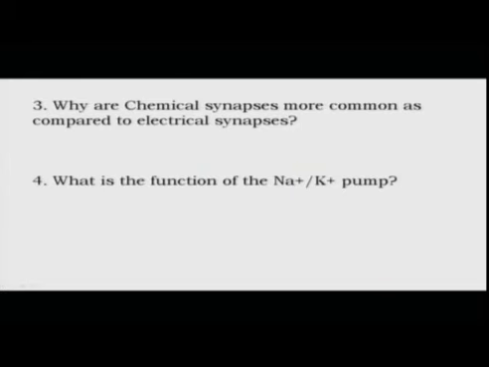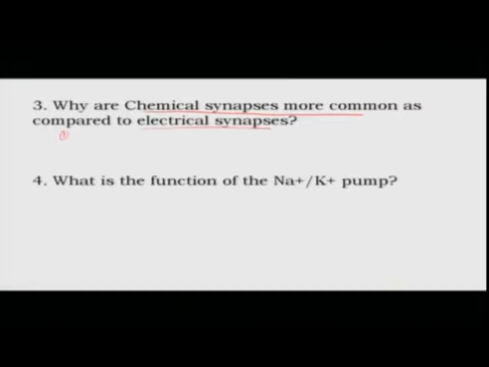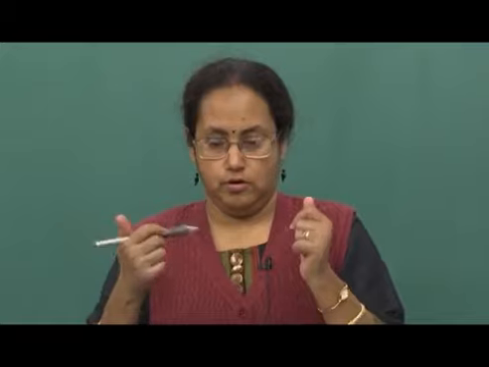So, then we can ask another question: why are chemical synapses more common as compared to electrical synapses? The basic fundamental difference between a chemical and an electrical synapse is this. An electrical synapse allows the neuron to communicate directly with the next one through direct passage of ions through these pores which span the two neurons.